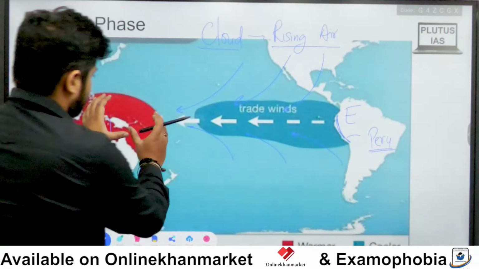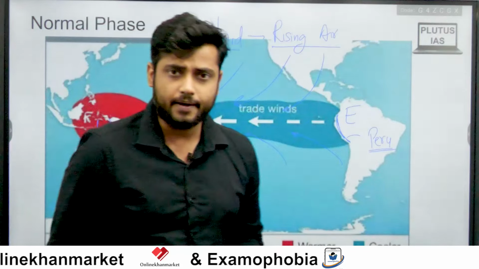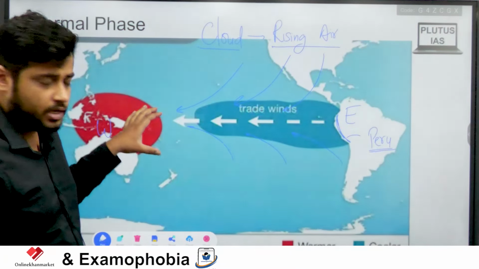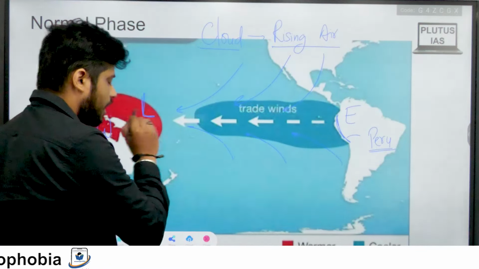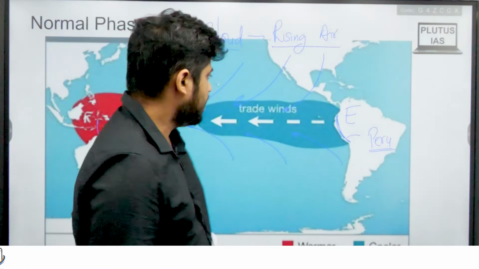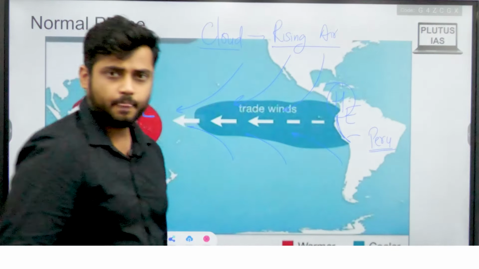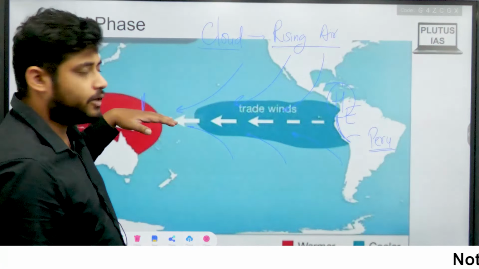So this location is warm. The warm water is piling up on the coast of Australia. There is a warm surface, and above it a low pressure will develop. Wherever we have a warm surface, low pressure develops, and relatively in this part we have high pressure. You can also think of it like this: the winds move from high to low.